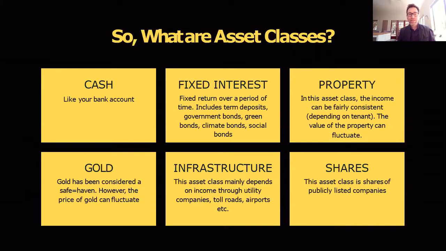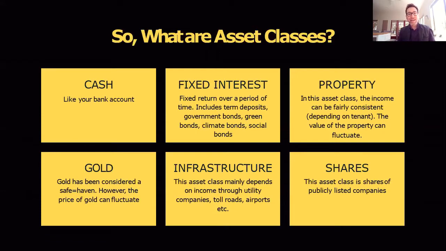So essentially, it is an amount of capital that is loaned out. It's like a loan, and different companies or countries pay back that loan with a fixed interest rate over a period of time.